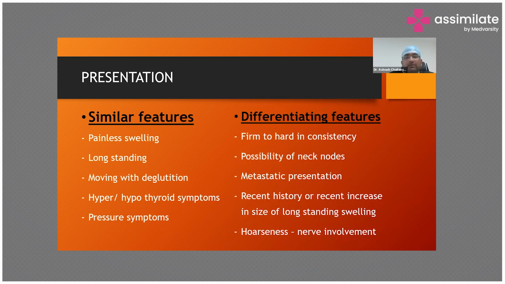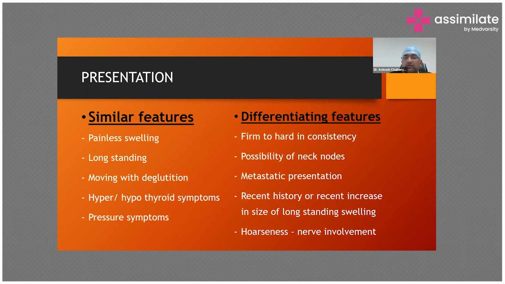Neck nodes will be present only in case of carcinoma of the thyroid, as expected. If the patient is having neck nodes, it is more likely to be a malignancy. Then metastatic presentation: sometimes the patient will present with a fractured limb or with lung nodules and breathing difficulty.